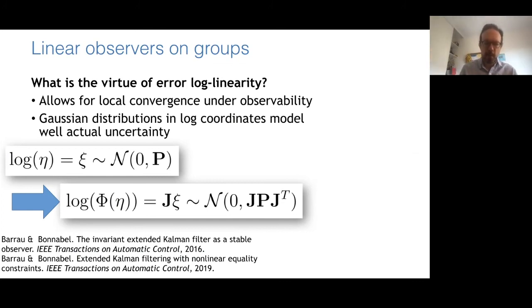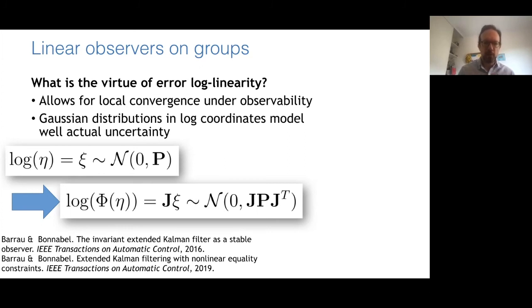So this banana property that we observed for the small robot actually carries over to a very large class of systems that may be much more complicated, with the state space being much bigger than that of the robot, and you still have the property that using those coordinates allows you to capture the actual dispersion.